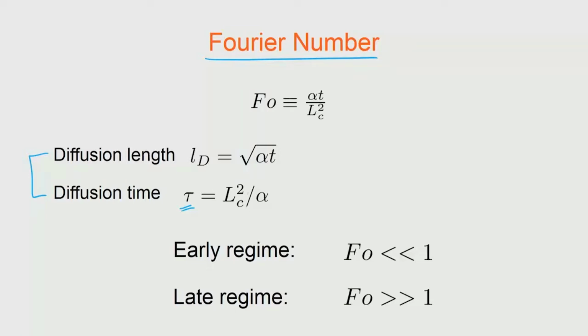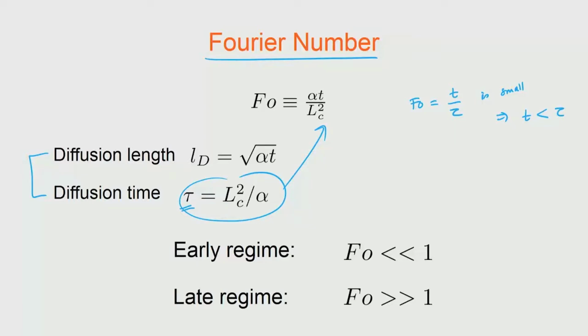So, if you now use this concept and substitute, Fourier number can be thought of as t by tau, which means that if this is small, it implies that the time that you gave was very small compared to tau, which means that it is in a very early stage of thermal diffusion.